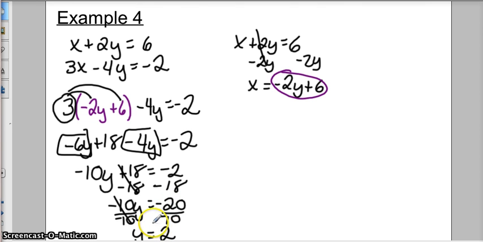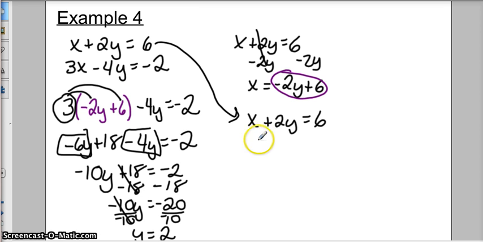And so we have our y value, so now we just have to go back and plug our y value in to solve for x. So I'm going to go ahead and plug it into this original top equation. It doesn't matter which equation you plug it into. You could even plug it into this new one that you created. But I'm going to choose my original top one, so x plus 2y equals 6. So I'm going to plug in 2 for y.